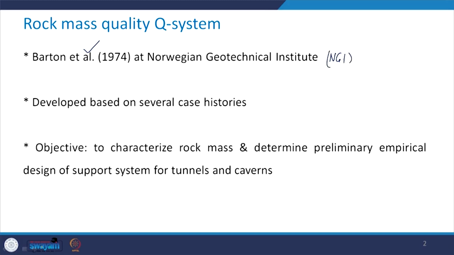This was developed based on several case histories and the objective behind the development of this classification system was to characterize the rock mass and determine preliminary empirical design of support systems for tunnels and caverns. So, basically this system was developed again for tunnels and caverns, as was the case in the earlier system, which is rock mass rating.